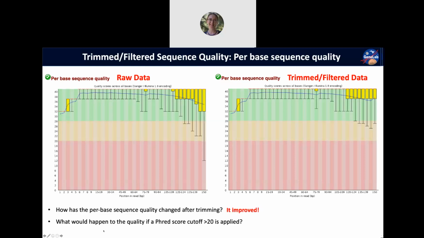And then just to get you guys thinking, what would happen to the quality if we increase the Phred score cutoff to something above Q20? Yeah, we would see even tighter in the green area. So we'd have even better quality if we increase that score. But 99% accuracy is pretty good if you ask me, so I think we're okay.